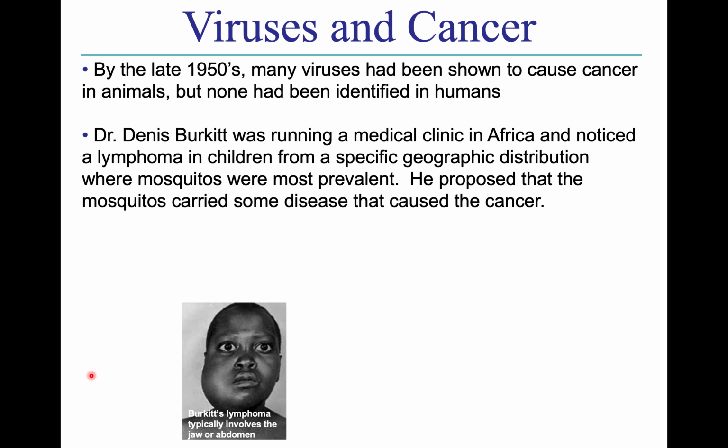But that all changed when Dr. Dennis Burkitt, who was running a medical clinic in Africa, was seeing these unusual cases of lymphoma in children, limited to a very specific geographic area, basically the same areas where mosquitoes were very prevalent and malaria was a big problem.